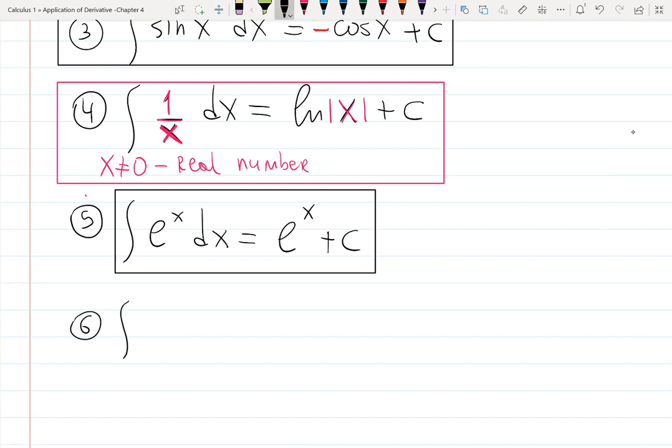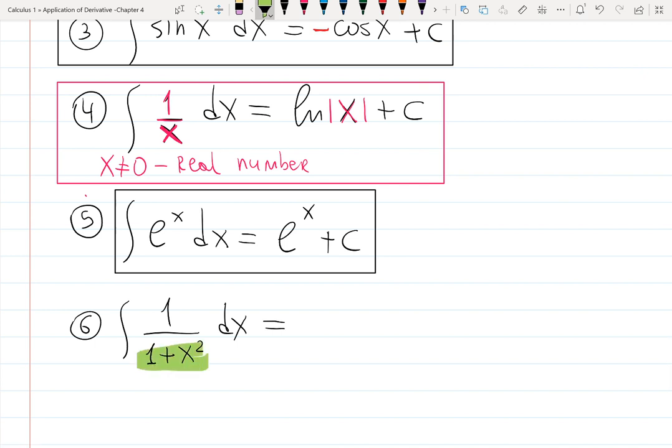What is the integral of 1 over 1 plus x squared dx? What do you think? Think about it. What gave you 1 over 1 plus x squared? That's a hard one. Do you remember this? Think. It's not log, but you saw this before.